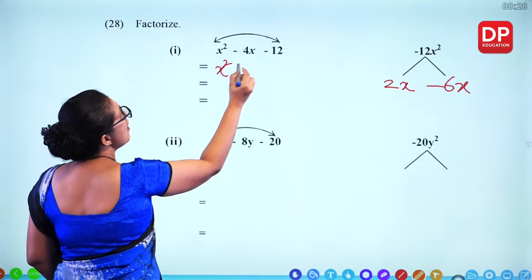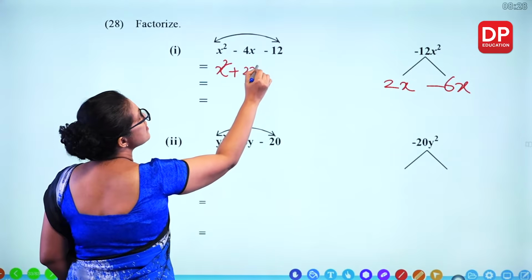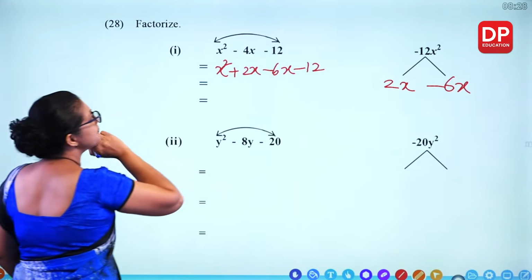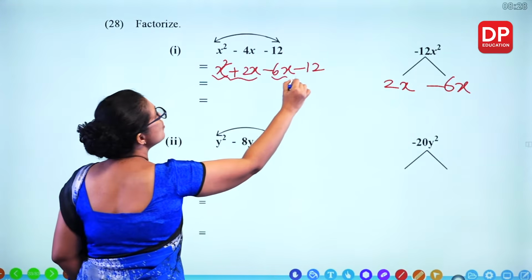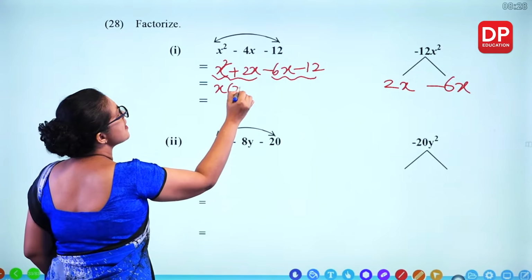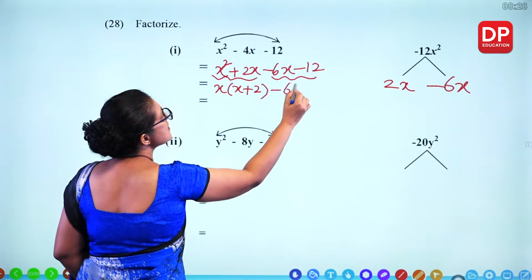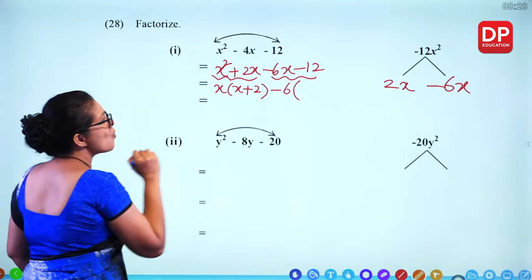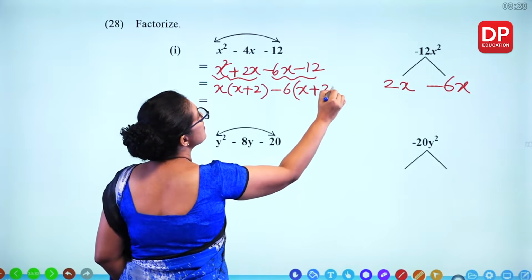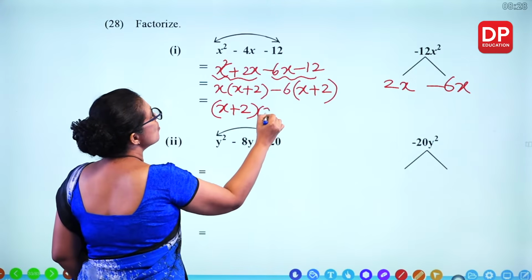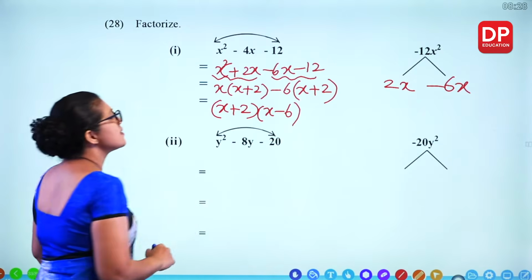So x squared plus 2x minus 6x minus 12. When you take first two, you get x plus 2. When you take minus 6 out, you get x plus 2. So x plus 2, x minus 6.